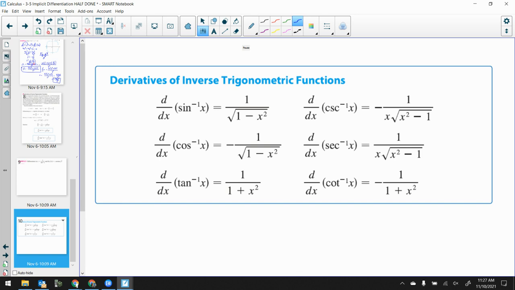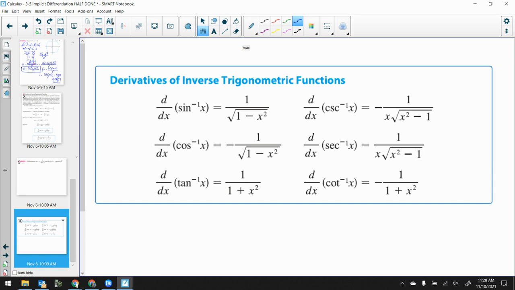Now, tangent is 1 over 1 plus x squared. So the minus sign that's inside the radical turns into plus, and the radical goes away. Notice that tangent and cotangent, if I take the derivative of cotangent, it's just the negative of tangent. There's a negative sitting out in front of cotangent that's not there when you have tangent.